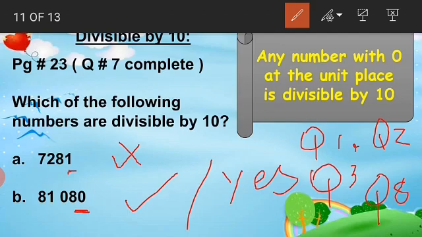As I have cleared all the concepts to you, and it's very easy if you learned the definitions of divisibility. Okay, so it's very easy for you to attempt all the questions.